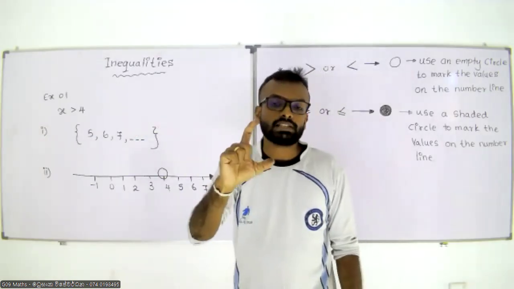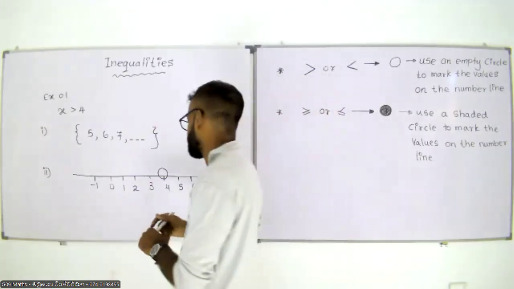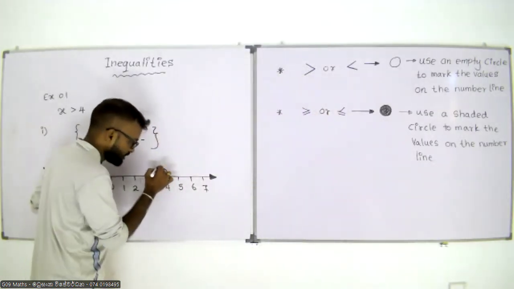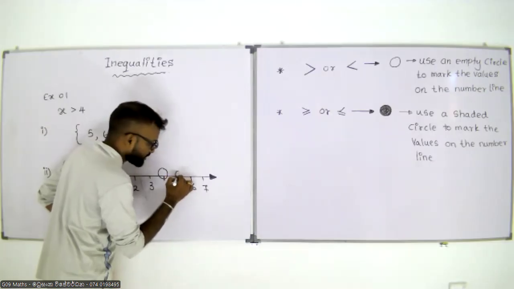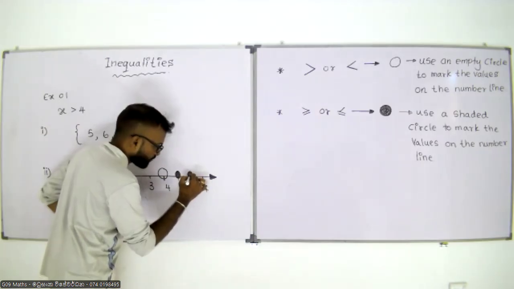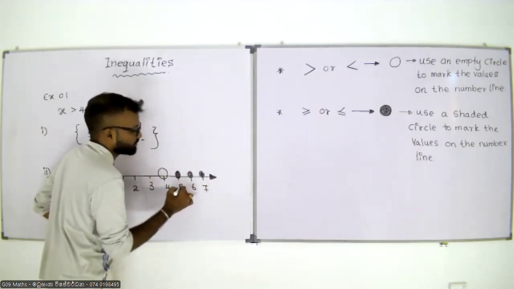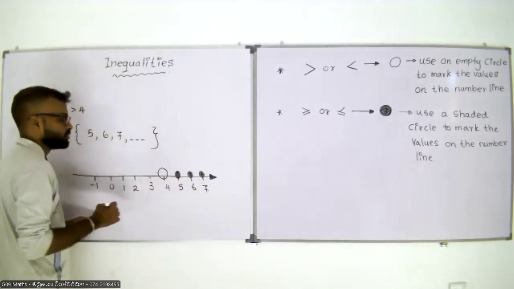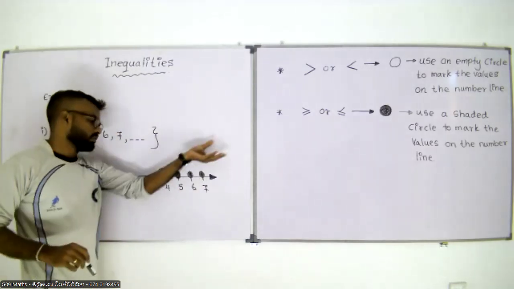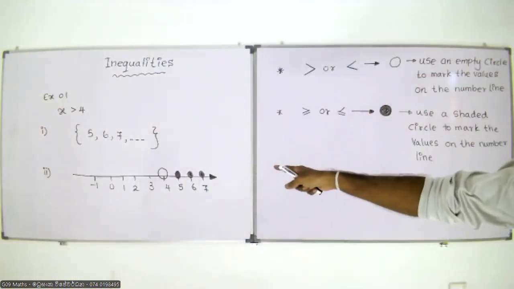For the exact solutions, we are going to mark a color. So this is where we begin, and these are the integral solutions of that. It continues. Please write this one.